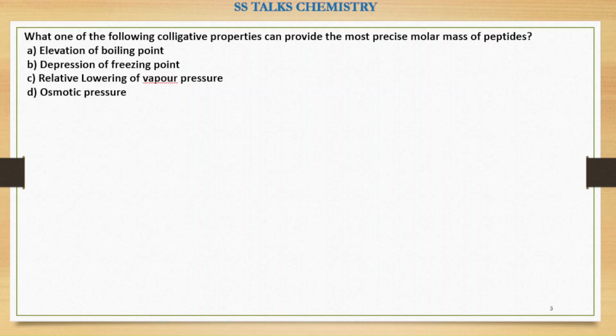If I talk about the solutions and colligative properties chapter, generally in your NET or GATE syllabus, this chapter is not there. No question has been asked in these exams. But if you look at your IIT exam syllabus or the 11th or 12th JEE NEET syllabus, this chapter is generally asked.